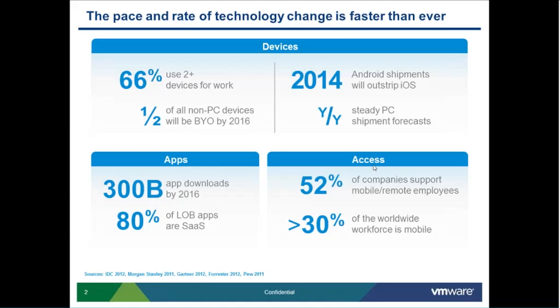That is why companies have also supported a mobile workforce. 52% of companies have started giving access to mobile phones, bring your own device. Everybody knows a mobile workforce is more productive than a non-mobile workforce. So you can see how the era is changing from PC to post-PC.